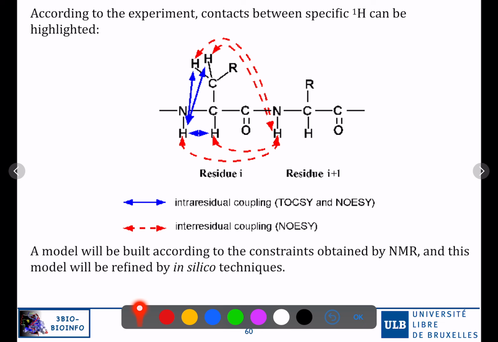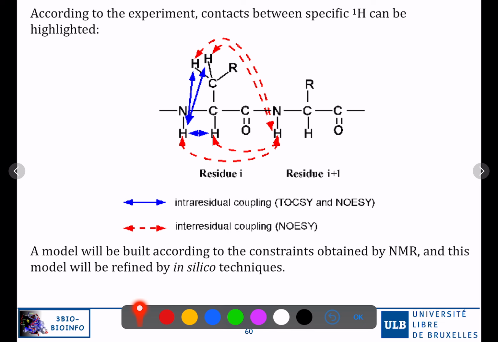So you have information about the residues that are in contact in the 3D structure. So finally, the information that you obtain is a list of the amino acids that are in contact in the 3D structure of the protein.